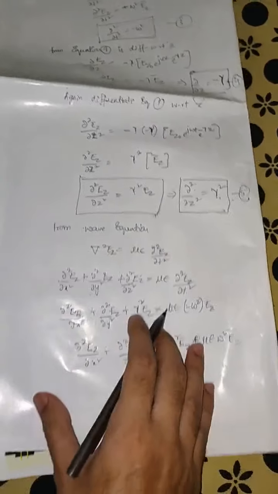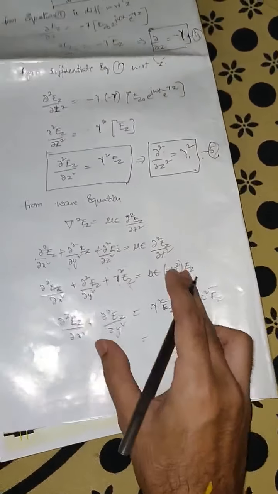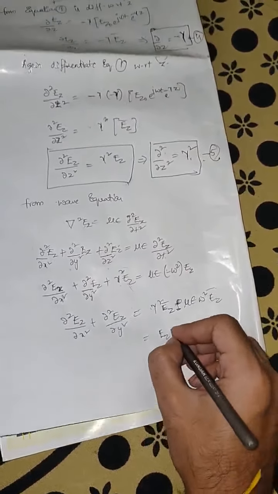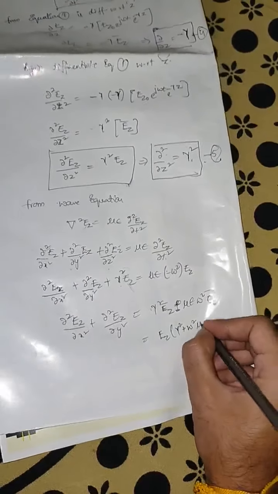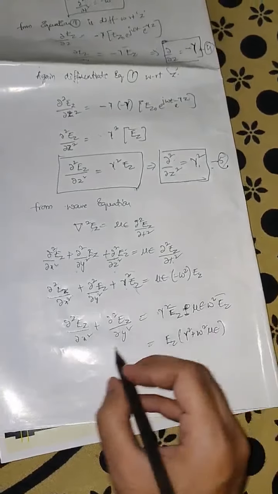Okay, so here take Ez common in this particular term, so you get γ² plus ω² μ ε. Okay, this is the value.